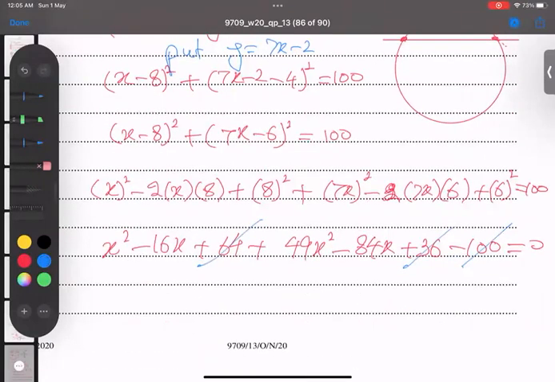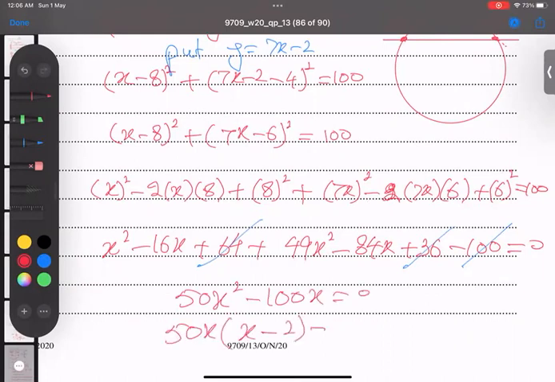And ultimately what I am getting from here is 49 x squared plus x squared becomes 50x squared. And this, if I add, I got 100x. 50x common, I got x minus 2.